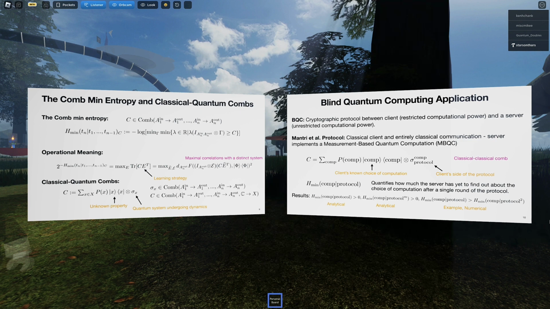I think the usual assumptions they make around security proofs in cryptography are that you don't leak essentially any information. So first of all, this protocol is not secure because it leaks a lot of information even in a single round. It doesn't leak all of it, which is, okay, something, but it does leak a lot. And we can show that it leaks strictly more.